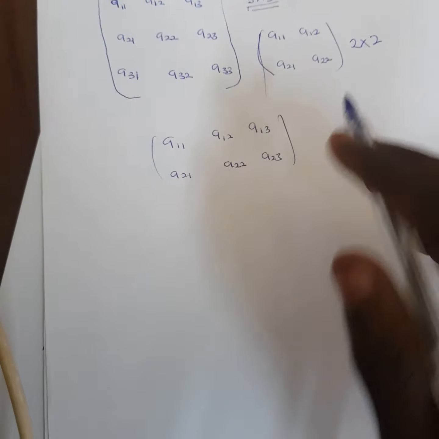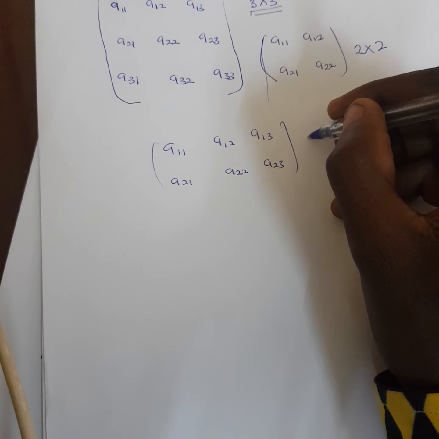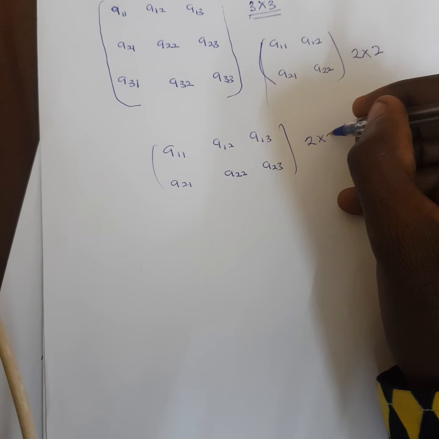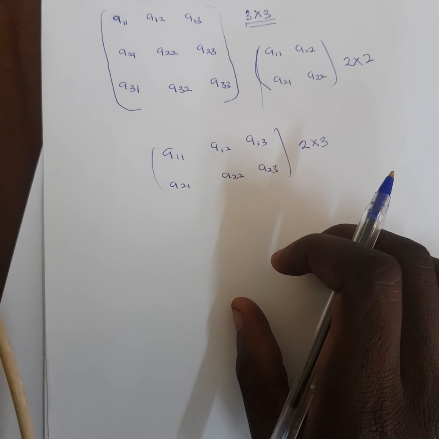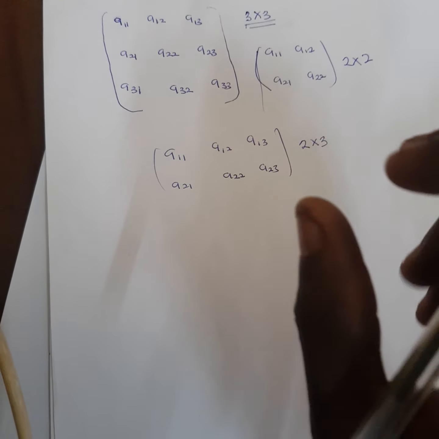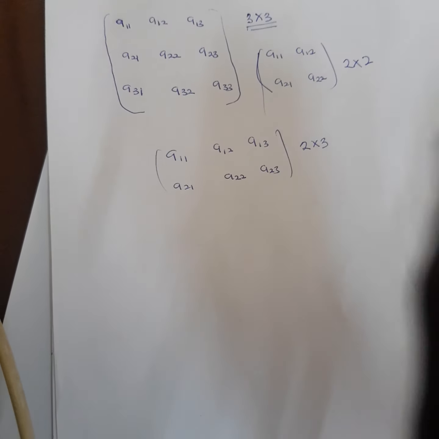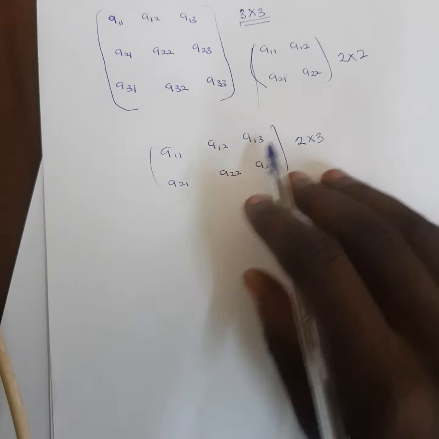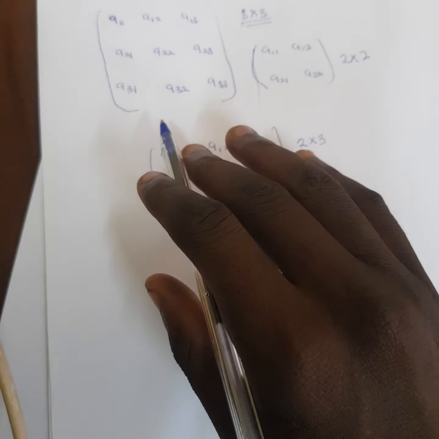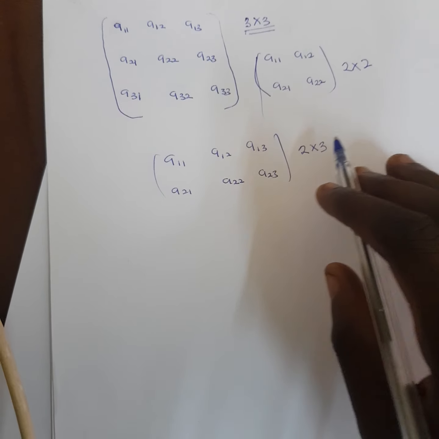How many columns? 1, 2, 3. So it will be a 2 by 3 matrix. The row comes first, and the columns come second. So you say 2 by 3 because the rows are 2 and the columns are 3.